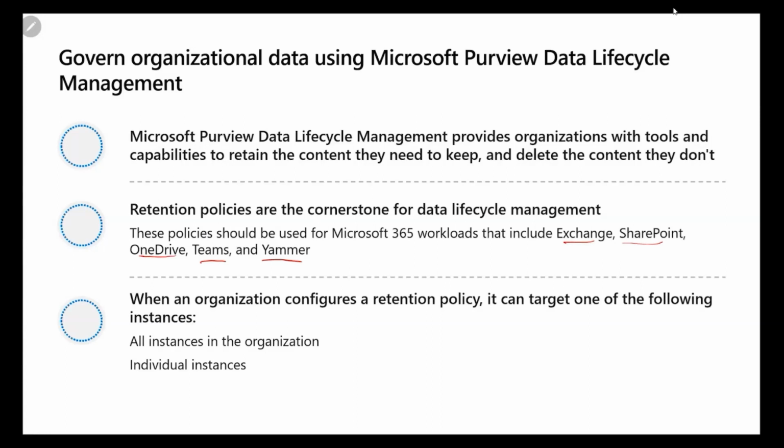Now, one thing that you have to remember is you can use retention policies to target all of these workloads, but you can only use retention labels to apply retention settings on files and emails. We cannot use retention labels to apply retention settings on messages or any other content that is not a file or an email.